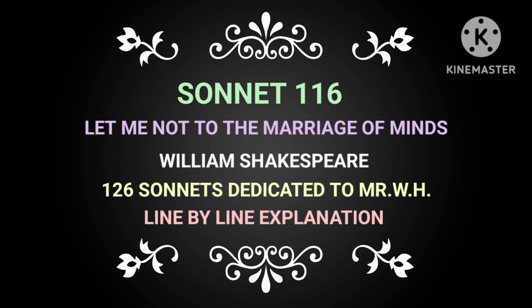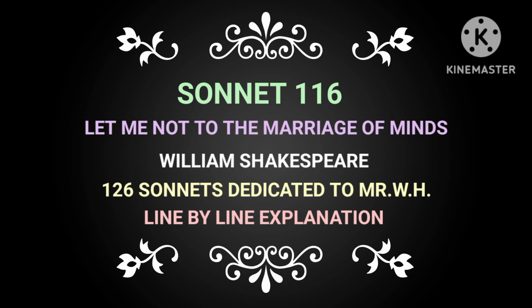Before we begin reading the sonnet, let us know what a sonnet is. A sonnet is a 14-line poem written in iambic pentameter. Iambic pentameter is a term used to describe the meter and the rhythm of the poem.